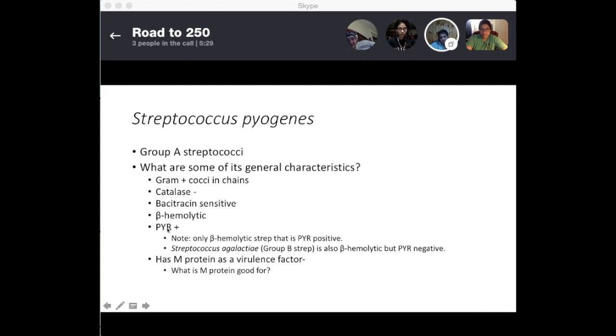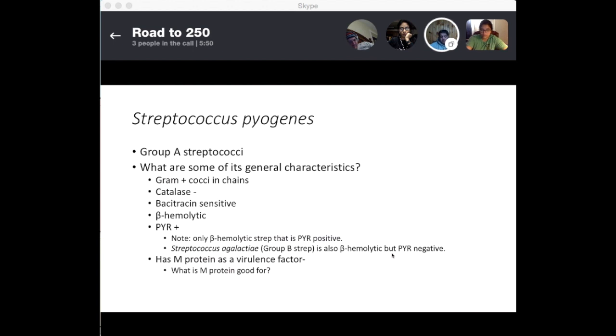This is basically just a detecting agent, and it's the only beta hemolytic strep that is PYR positive. Group B strep is also beta hemolytic, but it's PYR negative, so you can differentiate on a question. And it has M proteins as a virulence factor.